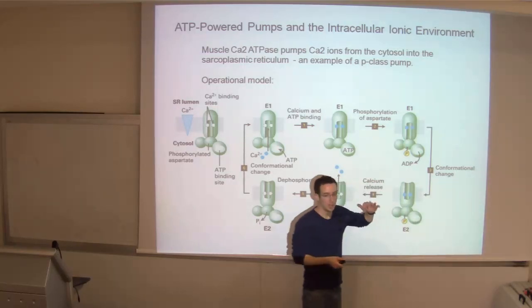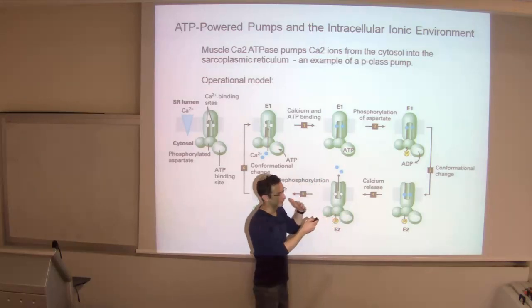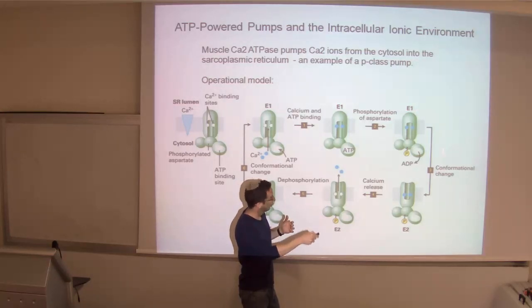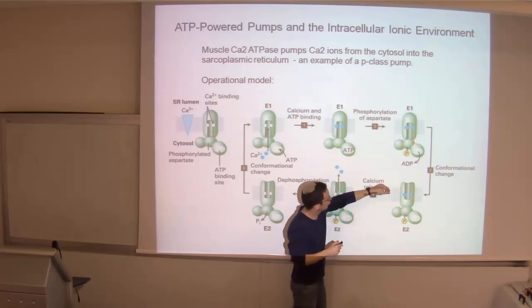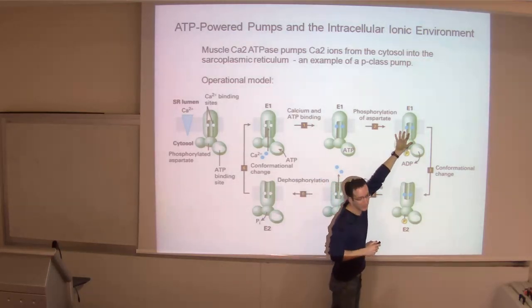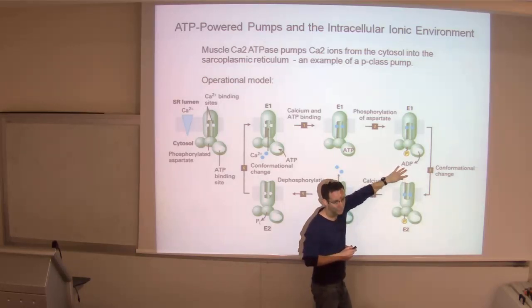And we've now gone up the energy level for this protein, which is the fuel for the conformational change from E1, which was up till now, to E2. If in E1 the calcium binding sites face the cytosol, now it's the other way around, and these binding sites face towards the SR.